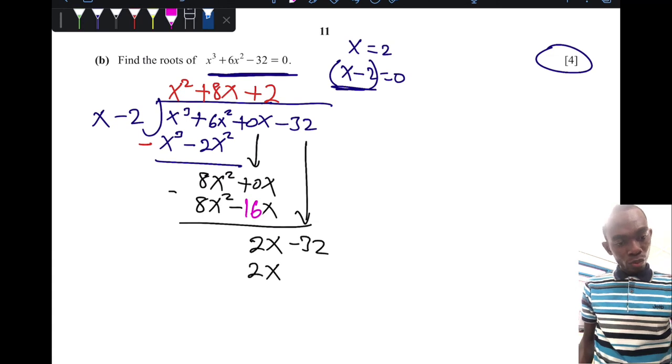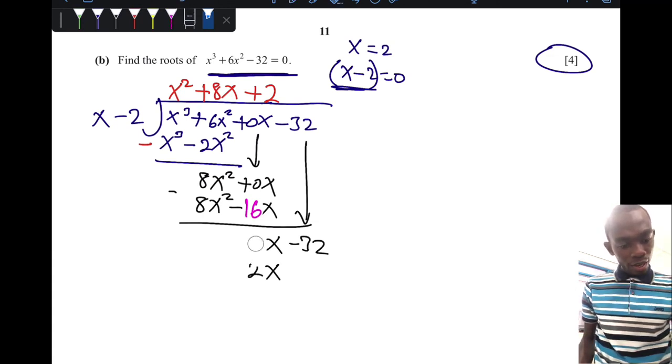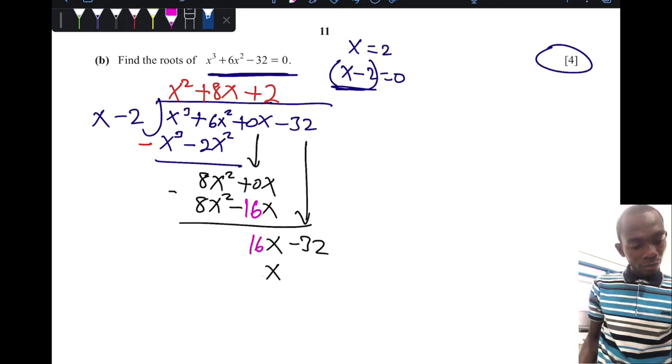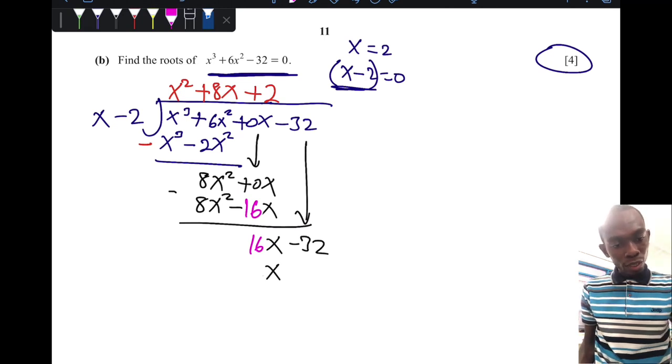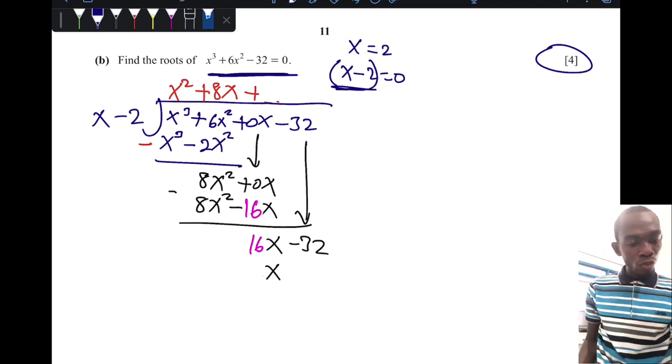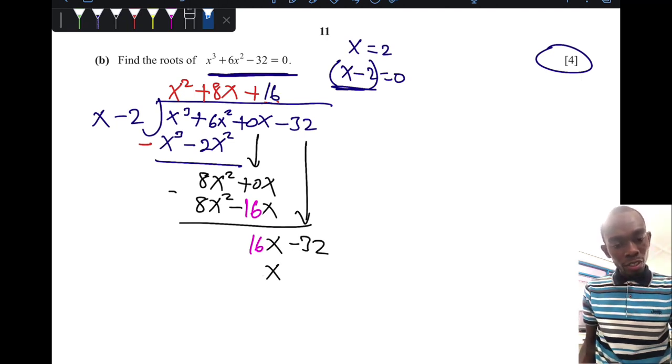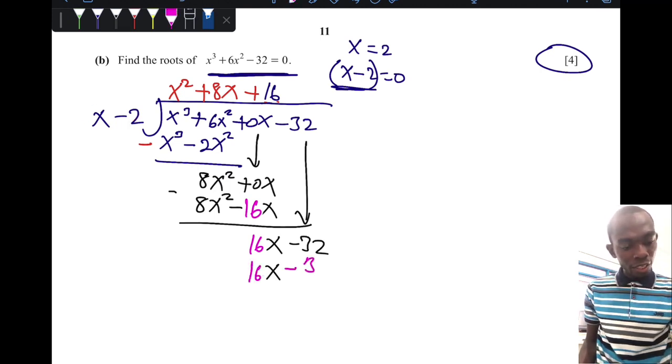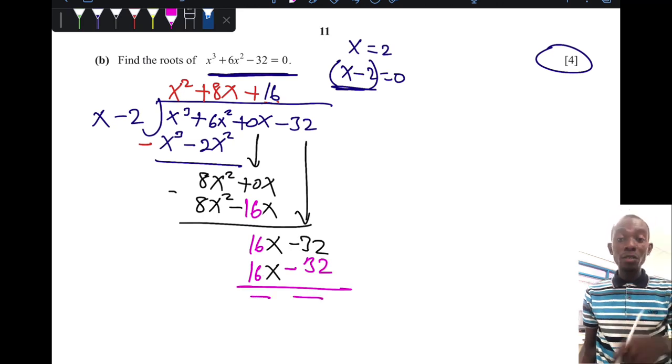All right, so let's clean here and there and write 16 there. And that means that we have to clean this answer as well. So x will go there, rather 16. And then use the 16 to multiply everything there. So you're going to have 16x minus 32. Okay, now this is very correct.